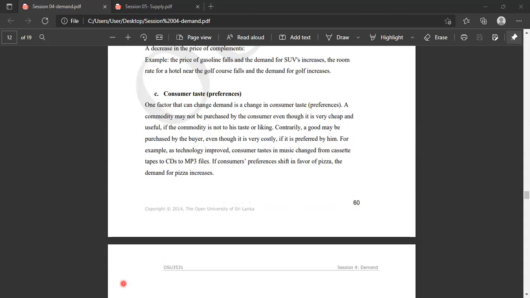Sir, can you repeat again? Yeah. Consumer taste is another determinant of demand. If the consumer needs a product, he must have the preference over that, his taste. Now, say for example, you want to buy a dress. According to your preference only you will buy. When the price is lower, and if that dress you don't like, will you buy that?